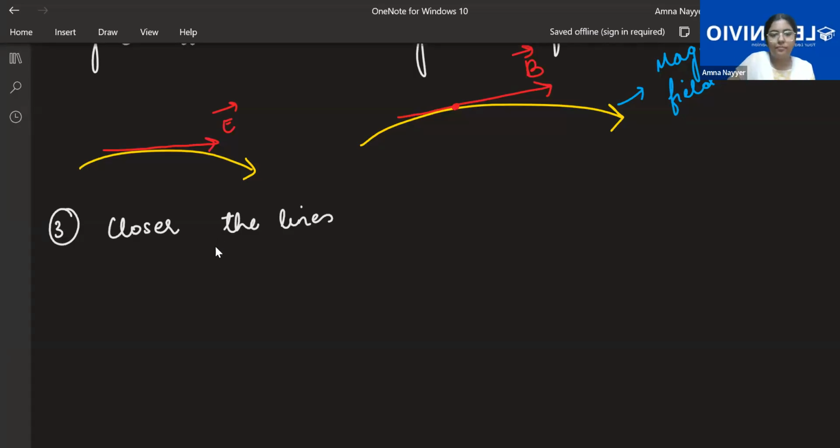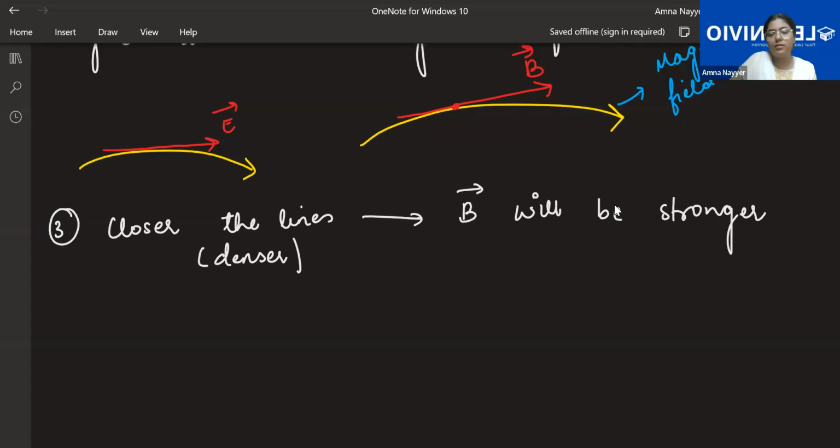Means when they are denser, here also magnetic field will be strong. And same thing when it is away, then it will be weaker.